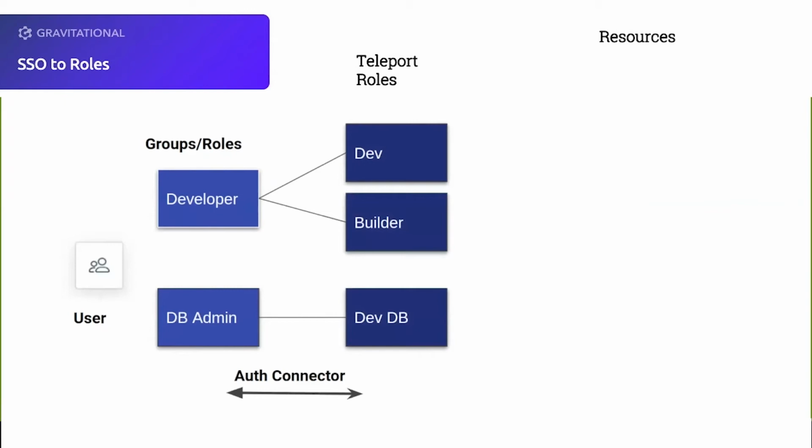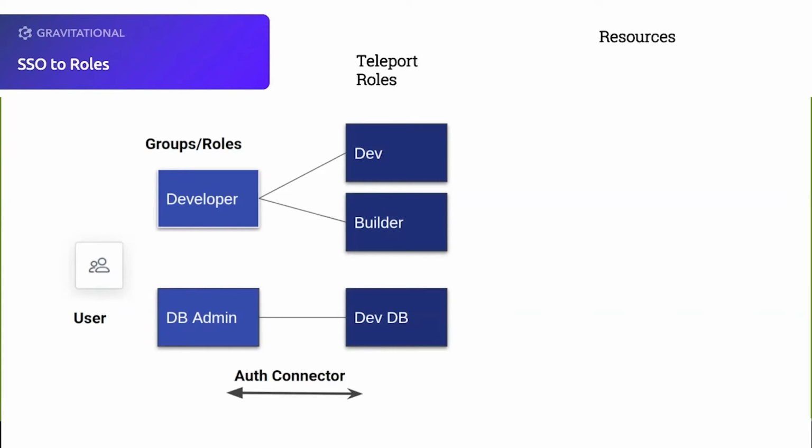So when the auth connector in Teleport is set, you'll say this developer maps to a dev Teleport role as well as a builder role. Just as we walked through, those will have their specifics on what nodes and logins are available. And then you also might have a dev DB role set for Teleport about accessing specific machines. Are you going to allow port forwarding so they can open a connection to the database? That's what's set. And it's not uncommon for users to have multiple roles.